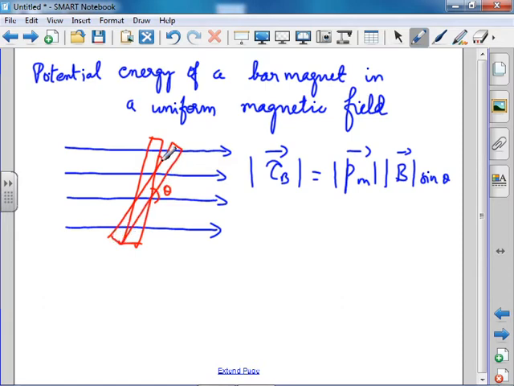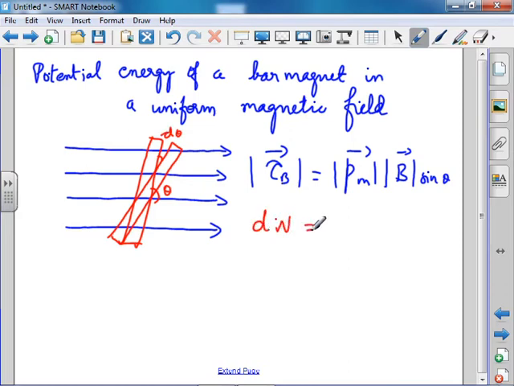In order to rotate the magnet, work must be done against the torque. So this work done we have to calculate by the external torque.